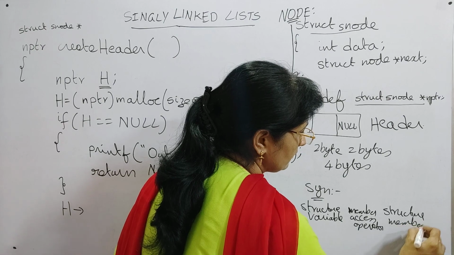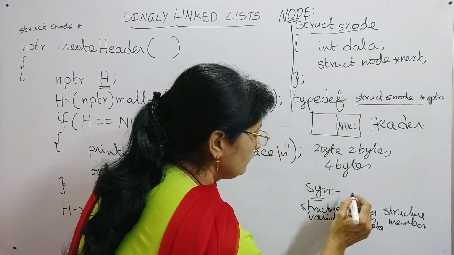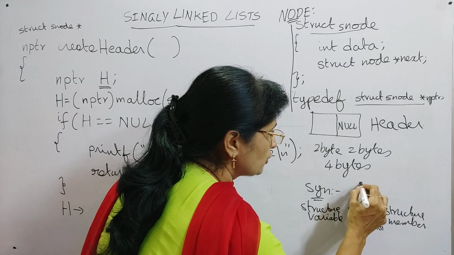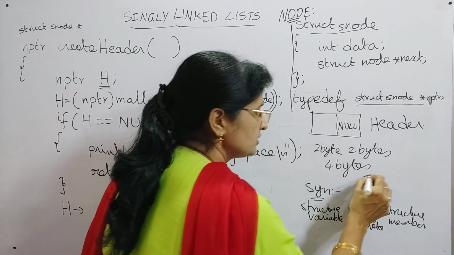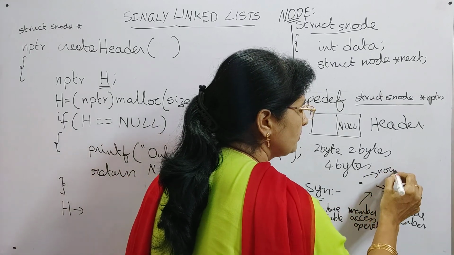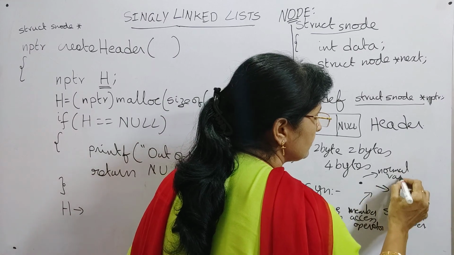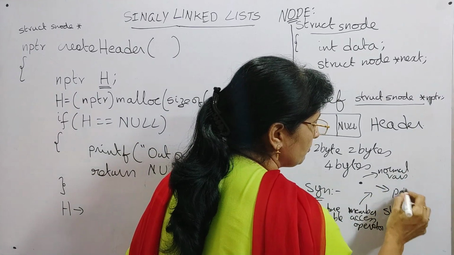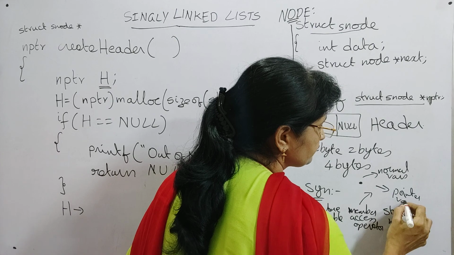Here we have the member access operators as dot and hyphen greater than. The dot is used for normal variables and the hyphen greater than is used for pointer variables.